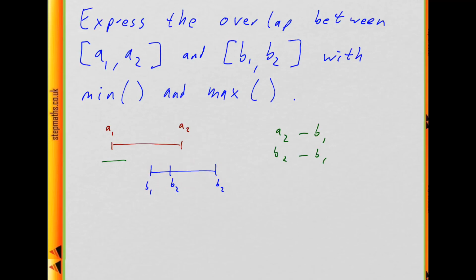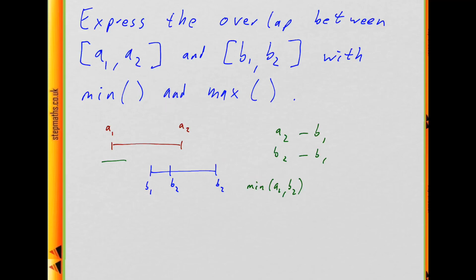So that means what I want to use is the minimum of a2 and b2 is going to be my upper limit. And that suggests I should be doing something else with this as well. Bear in mind I've only used min, I haven't used max.